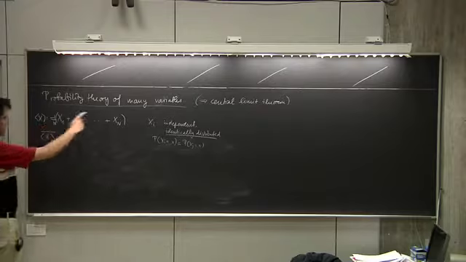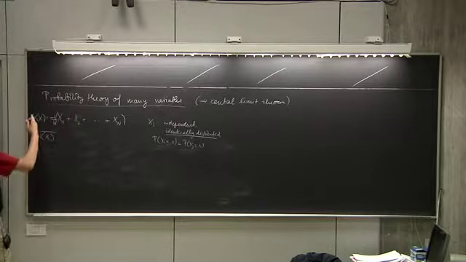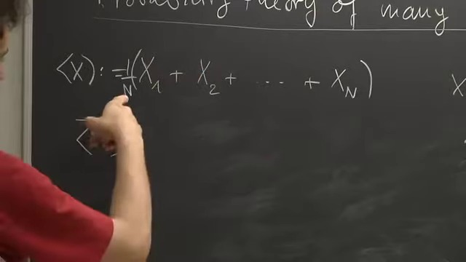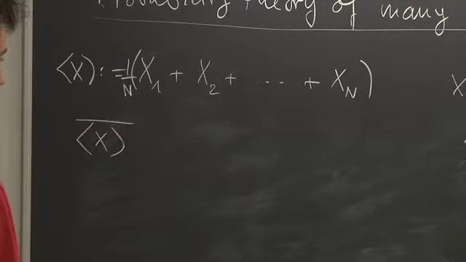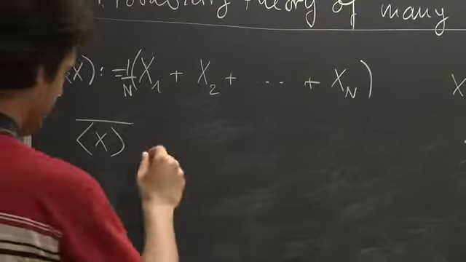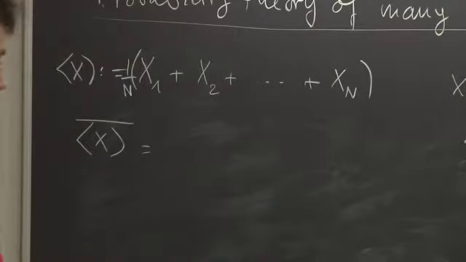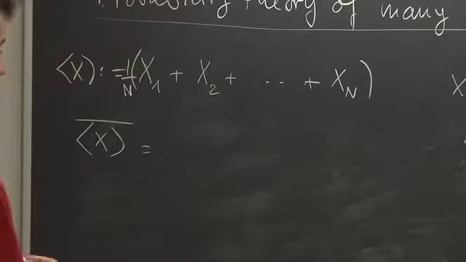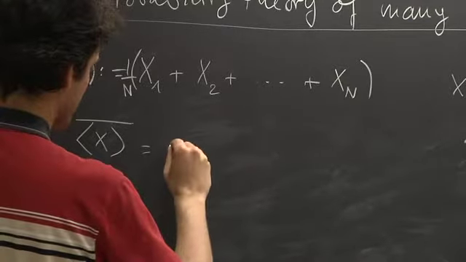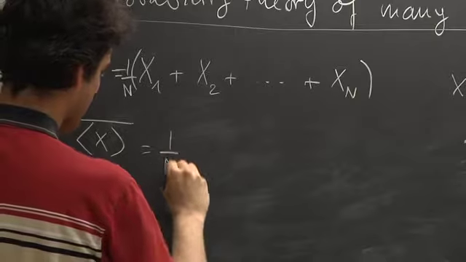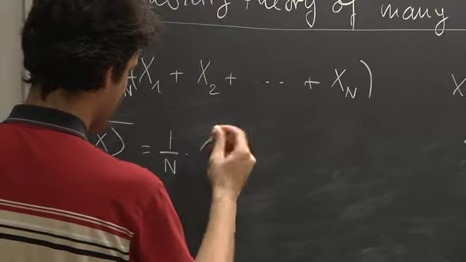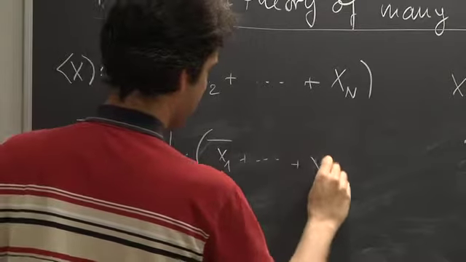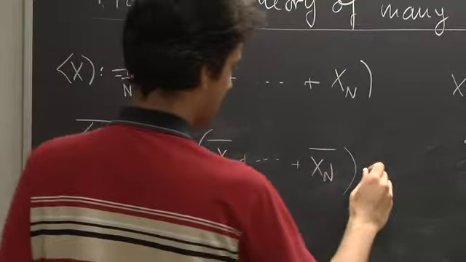Yeah, okay. So as before, we said that the expectation of a sum is the sum of expectations. Then we have the factor 1 over n. The expectation of a variable divided by n is the expectation of the variable divided by n. So we have 1 over n times the expectation of x1 plus etc. plus xn, right?